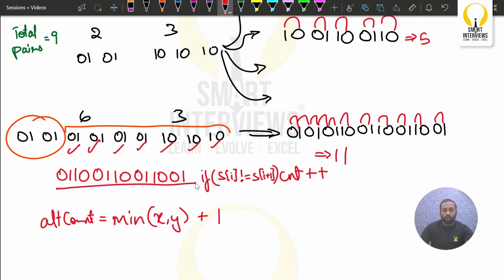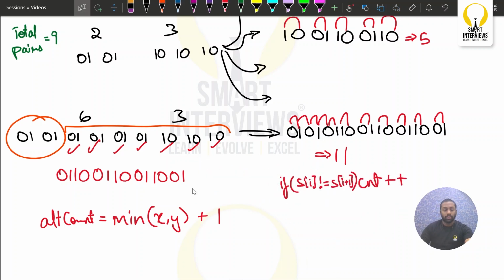And with this I have found the alternating string, and apart from this, whatever are remaining, those I will append or prepend to this string. Now that is going to be fine anyways, because no matter you put 0 1 0 1 here or 0 1 0 1 here, the same number of pairs will get added up.